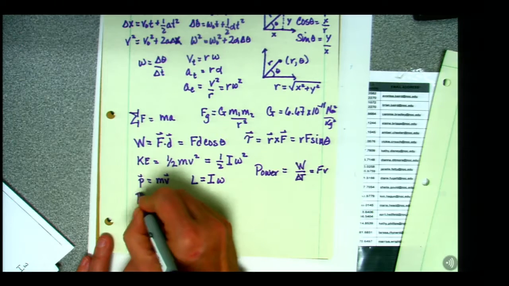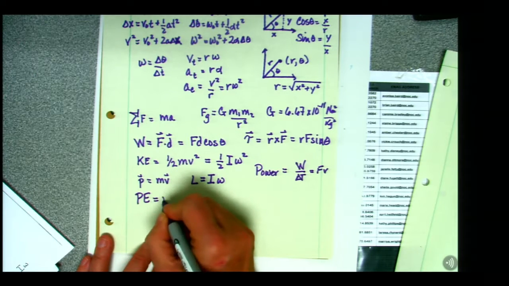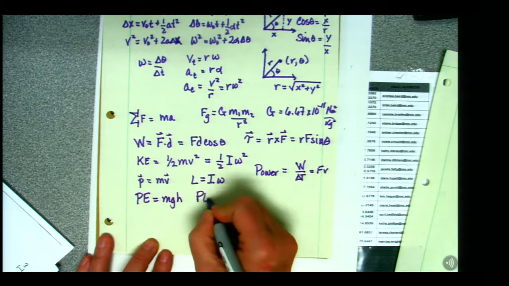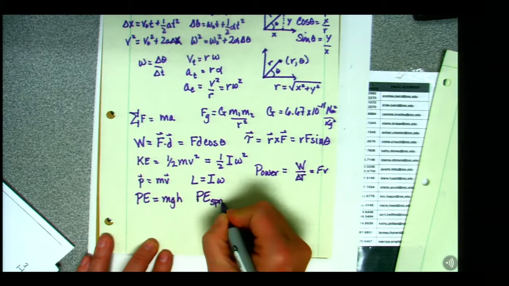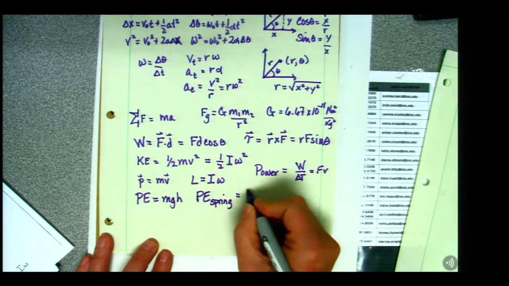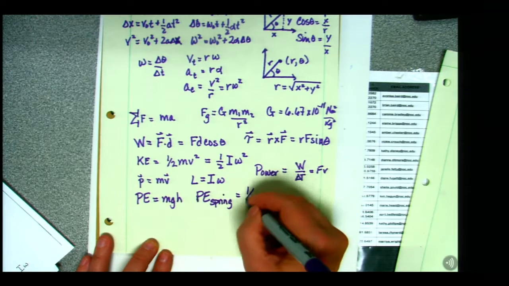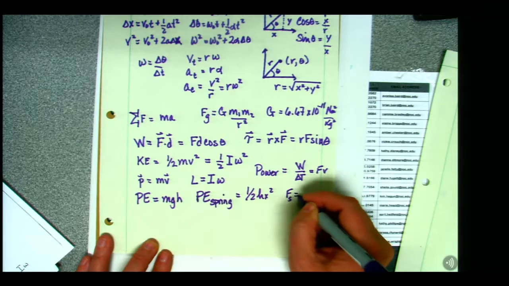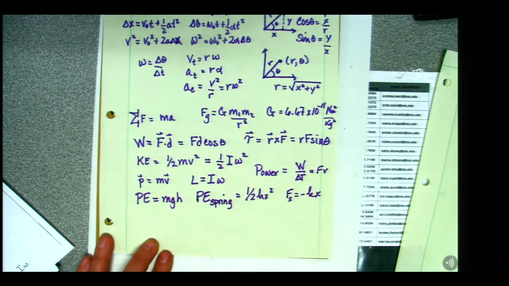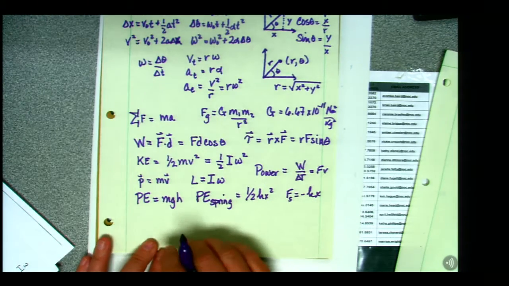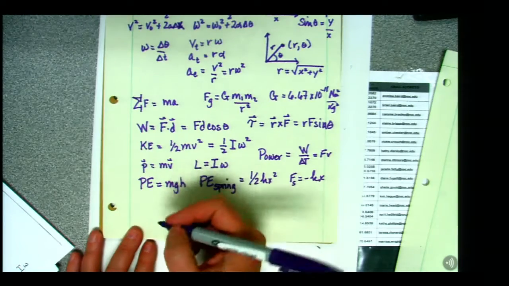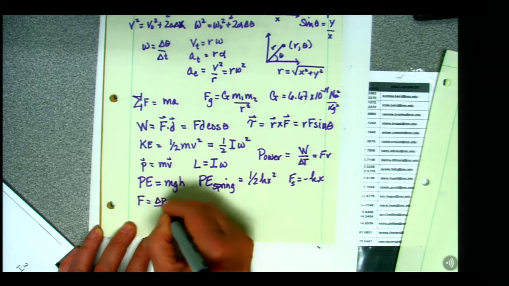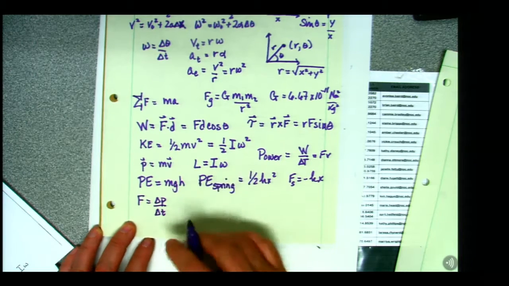We've got potential energy is equal to mgh, and we also have potential energy for a spring is equal to 1/2 k x squared, and we have a force due to a spring is equal to minus kx. We have that force can equal a change in momentum with respect to a change in time.